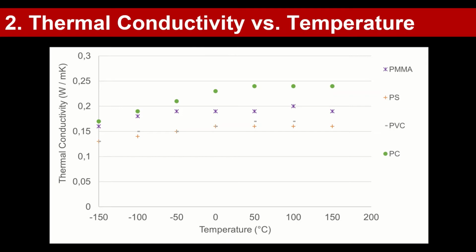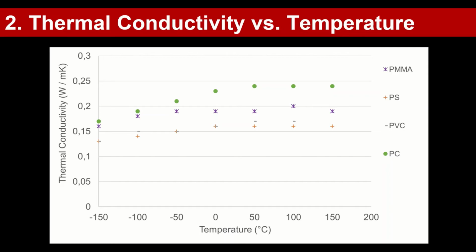Those are unreinforced and unfilled, so it's really just the natural polymer. And there we see already that the thermal conductivity, as we all know, is quite low with polymers, which is the reason we use them also for insulating purposes.